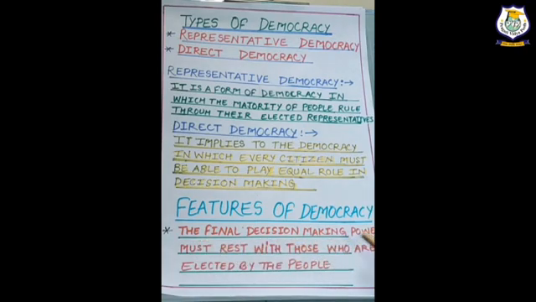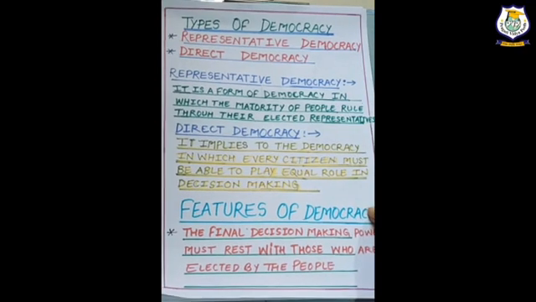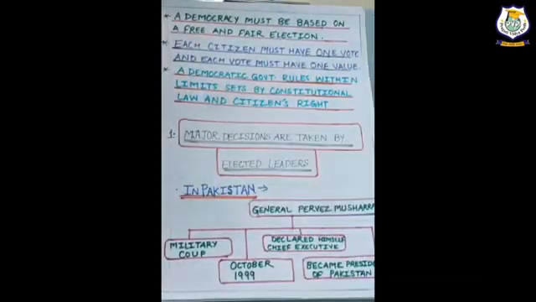Here we have 4 features of democracy, in which the very first feature is that the final decision making power must rest with those who are elected by the people. It means rulers are elected by the people, and these rulers in an indirect way rule over the country on behalf of the people. The second feature of democracy is that a democracy must be based on a free and fair election.